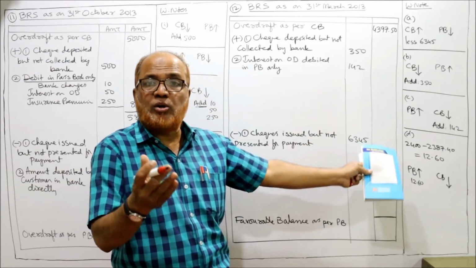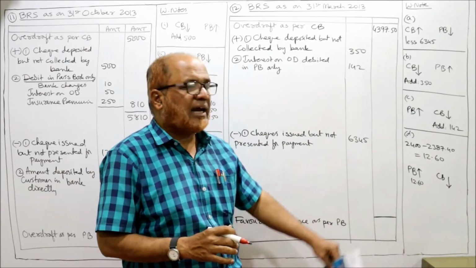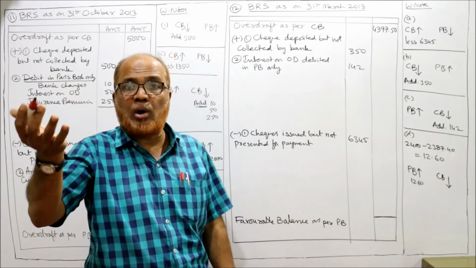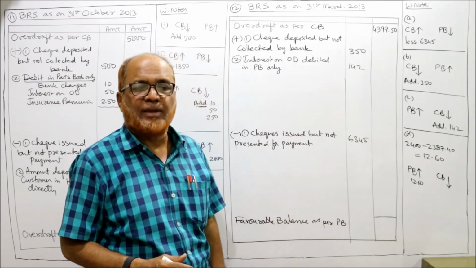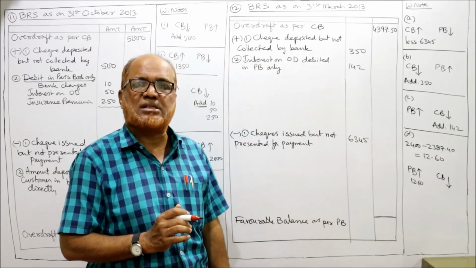In cash book we took 2,400, whereas in the passbook the credit was 2,387.4. So our passbook overdraft will show more overdraft by 12 rupees 60 paisa, whereas cash book overdraft is showing less OD by 12 rupees 60 paisa.